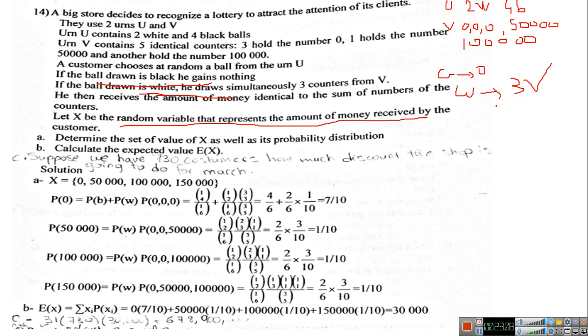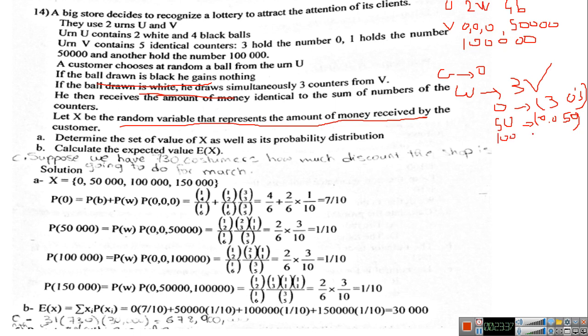Either you're going to get 3 zeros, so 0. Or 2 zeros and a 50,000.